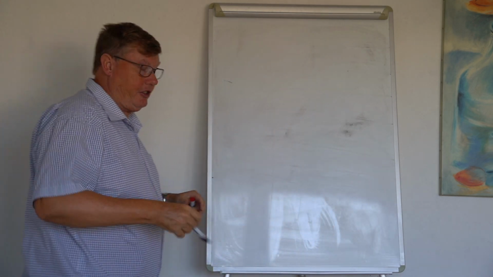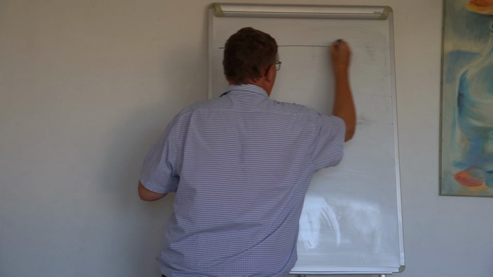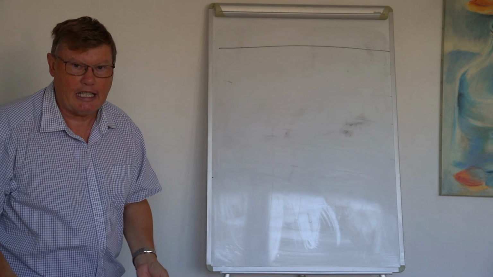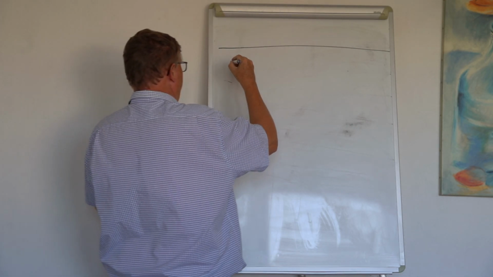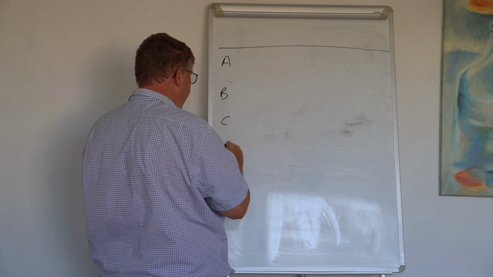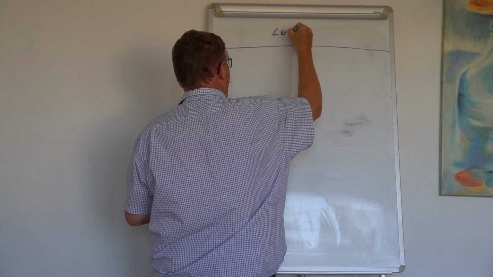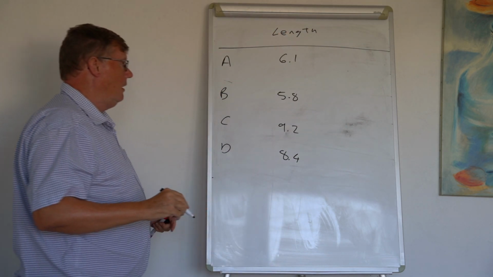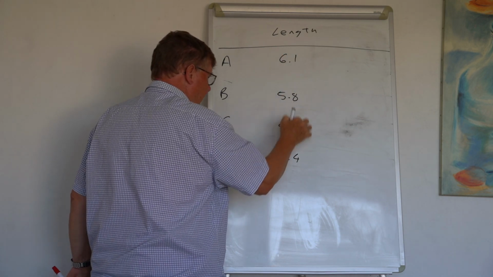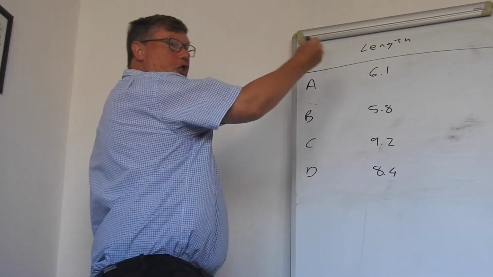When you were a kid at school and you were asked to do some simple stuff, we were measuring the length of something. There was A and B and C thing and D thing. And you had to measure their length. Now, your teacher told you that you don't write centimetres in the box because you're supposed to write at the top.